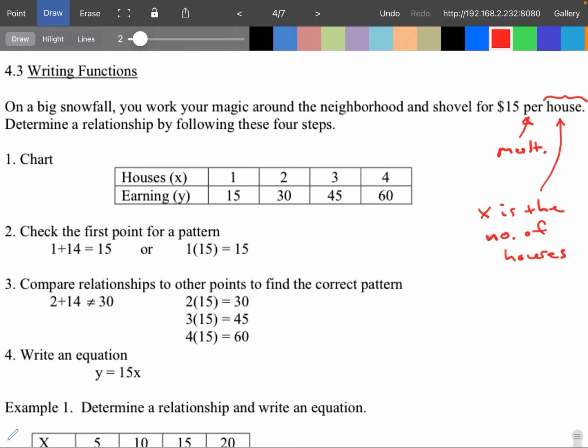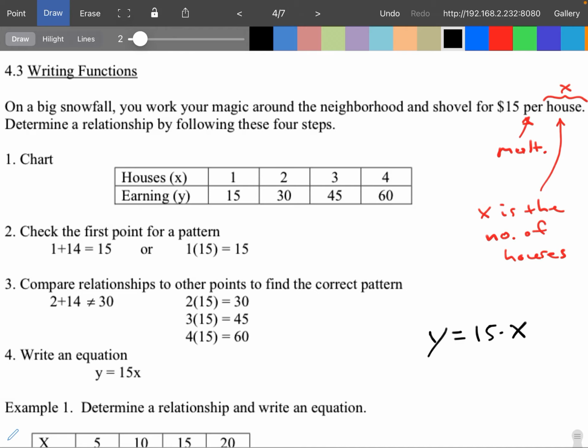So then what would your equation look like? How much money you make would equal what? Just 15x. It's 15 and per is multiply, right? And then this is our variable again, the number of houses, x.